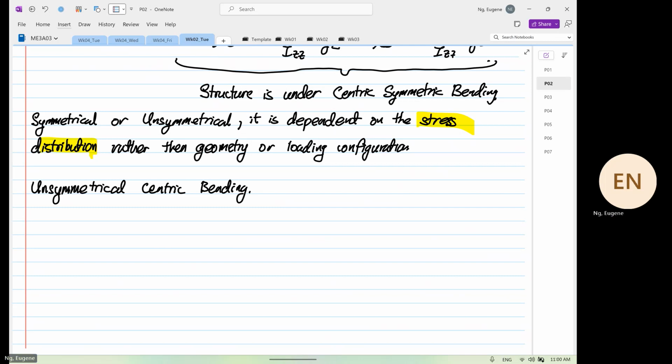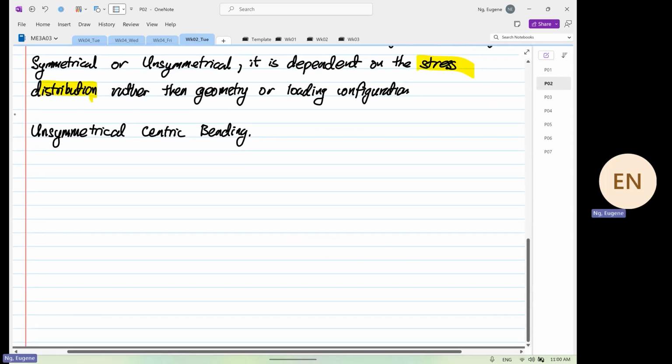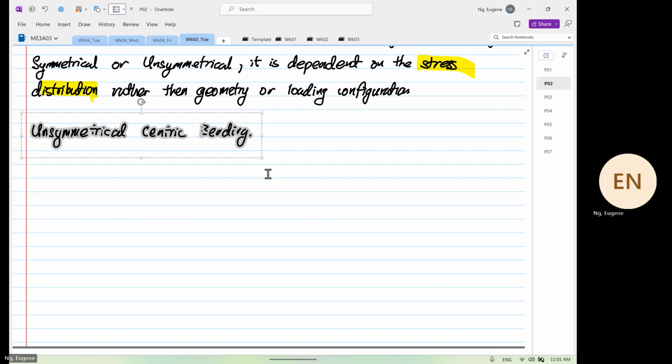Okay, so now we have a structure. Do I have enough space? I'm going to start on a new page. I hope this is like a recall for 2P. Is it like a recall for 2P or no?